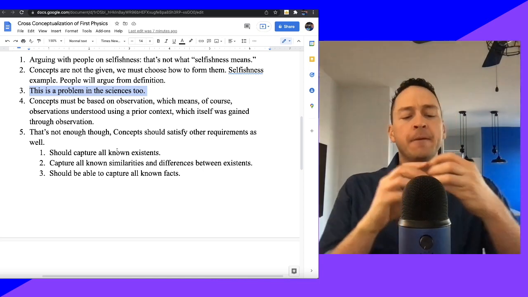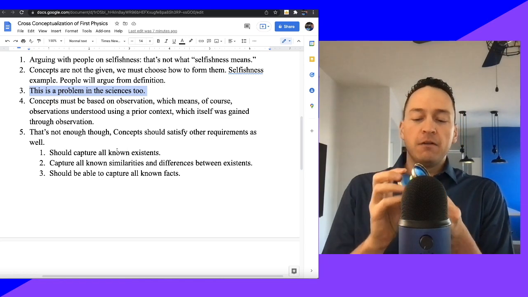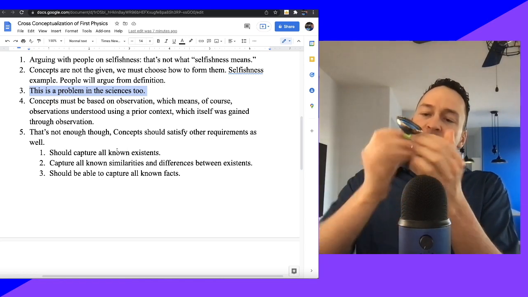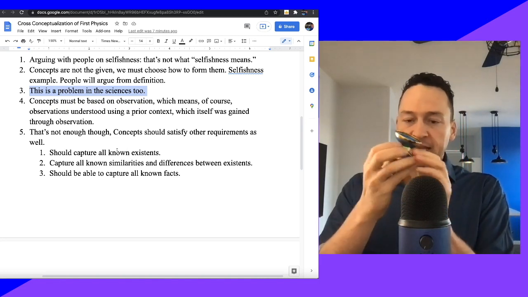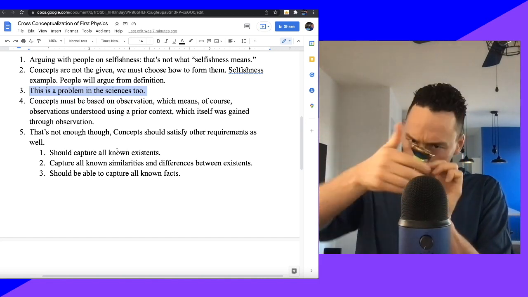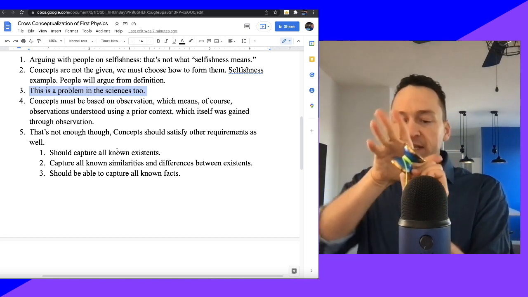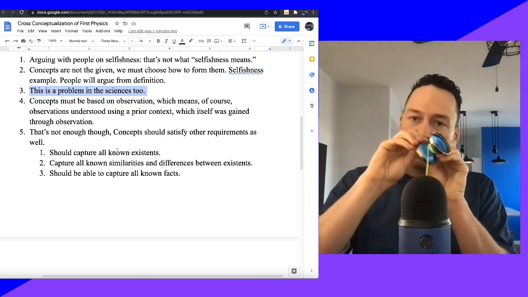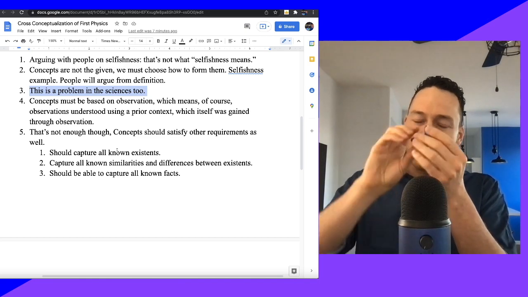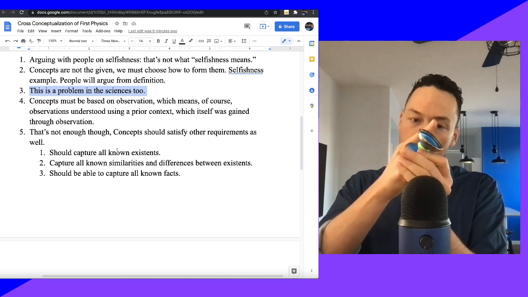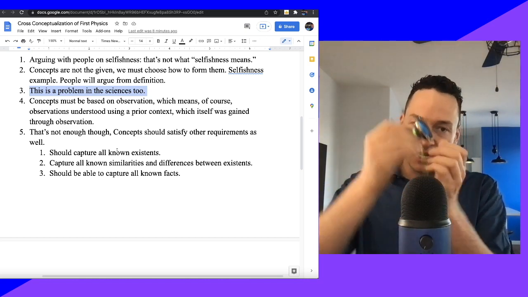Angular momentum is a concept of rotational motion, and if, say, a yo-yo is spinning like this, then the angular momentum is defined as a vector, an arrow that points along the axis along which the object is spinning.